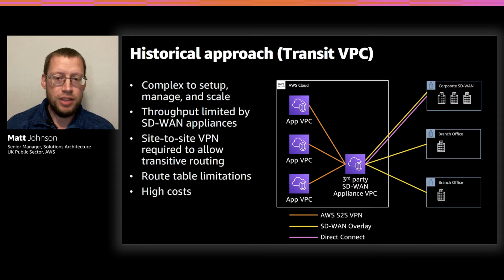That connectivity is typically over an SD-WAN overlay. And then in order to scale that appliance VPC, the instances in there connect to those spoke VPCs, those application VPCs, using site-to-site VPN. And so this is required to enable transitive routing, but there are issues around costs, around performance, around throughput. And it's something that we knew that we had to have a better solution for.